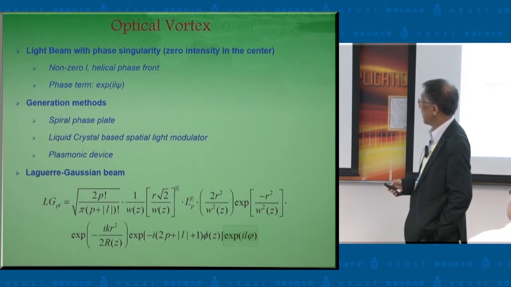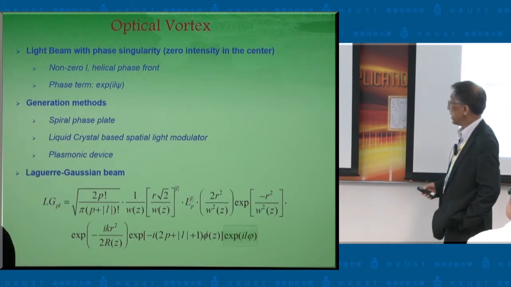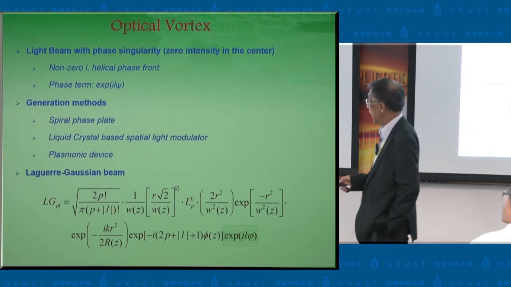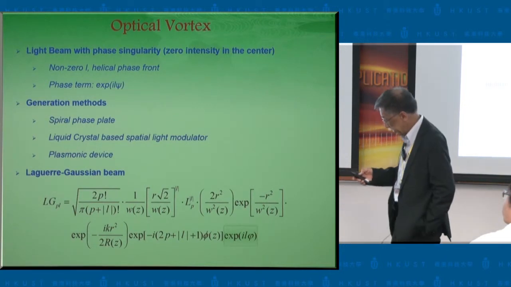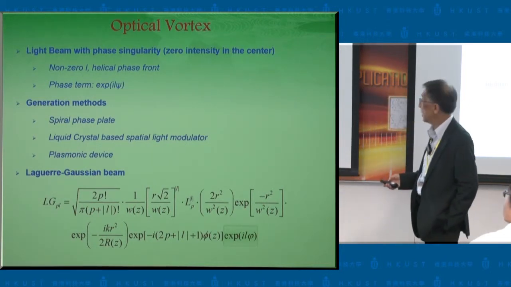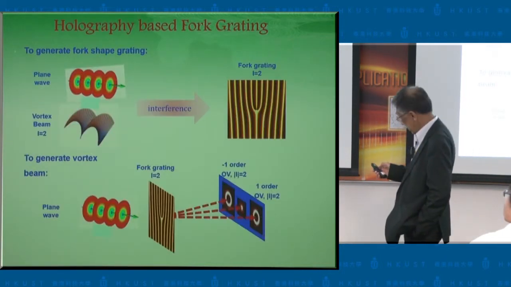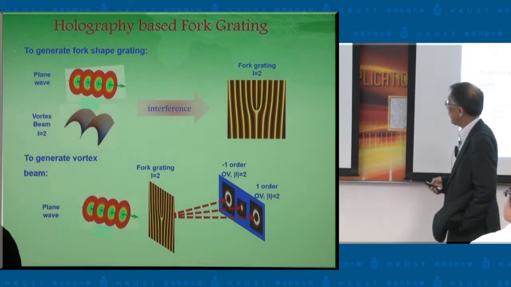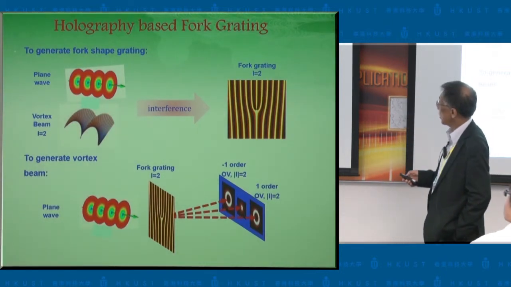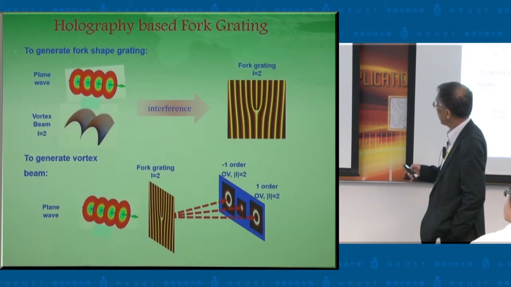Now it's pretty popular using the liquid crystal based spatial light modulator, and finally here we can do that using the plasmonic structure device. What we've done here is to design a structure. In fact, we have a fork grating here, so you have a defect within the grating, which is large, you could see here.